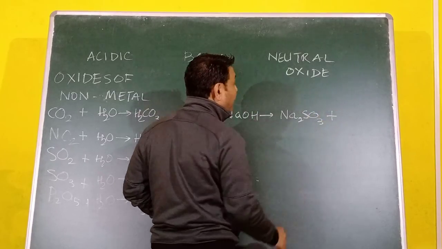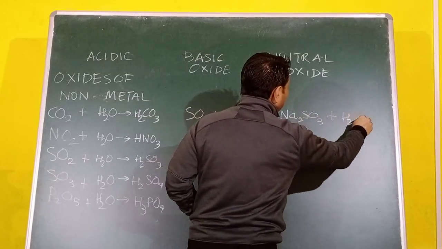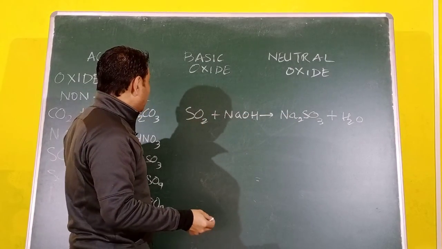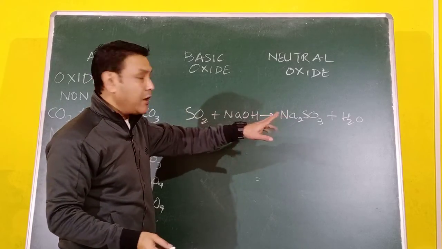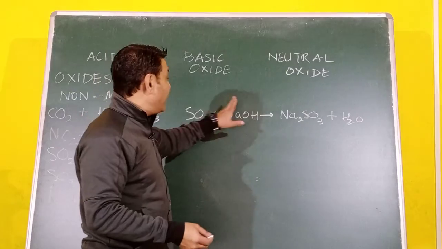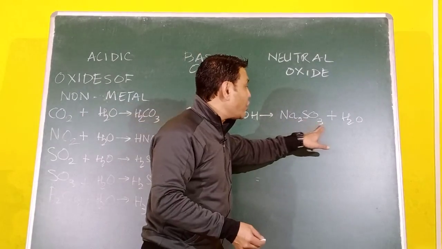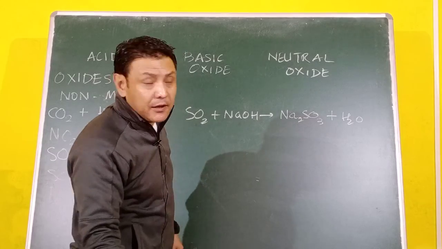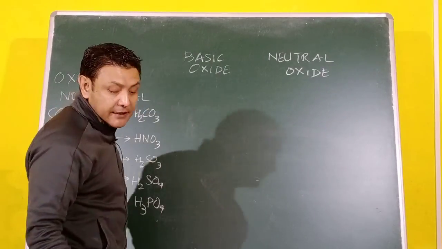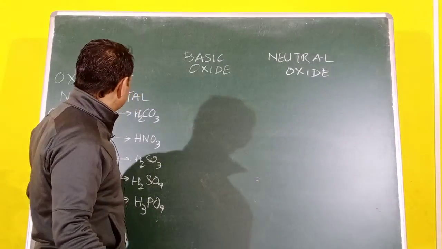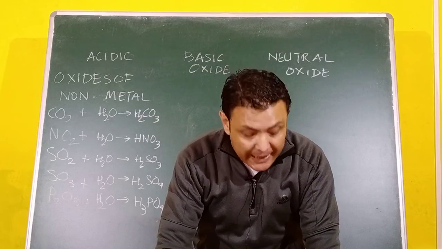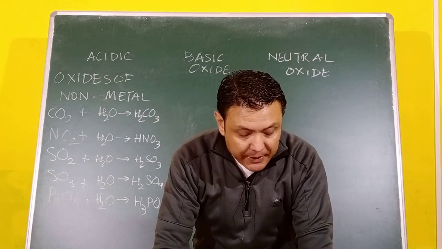Since, as I told you earlier, an acid and a base form salt and water, sulfur dioxide is acidic in nature, therefore it reacts with a base to form salt and water. So oxides of non-metals are acidic oxides. Why do we call them acidic oxides? Because they dissolve in water to produce acid.